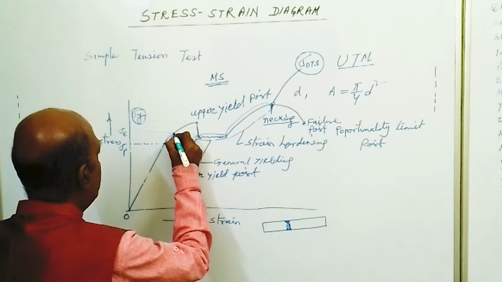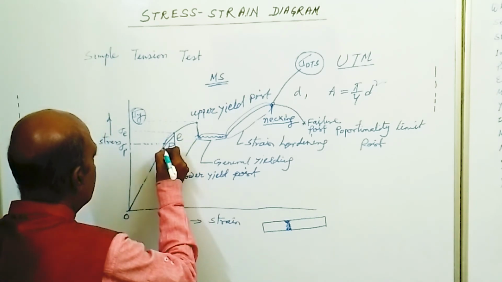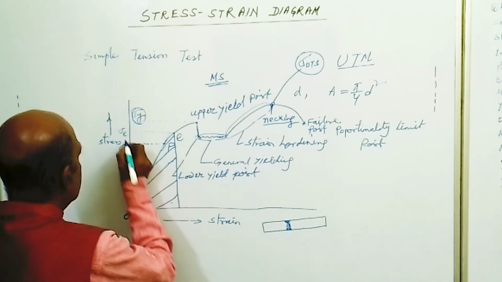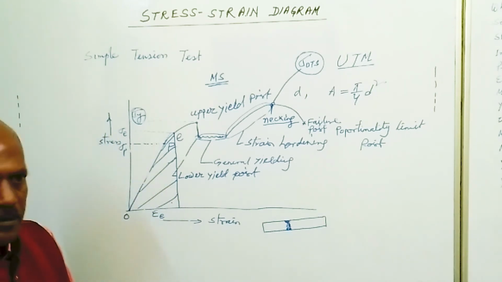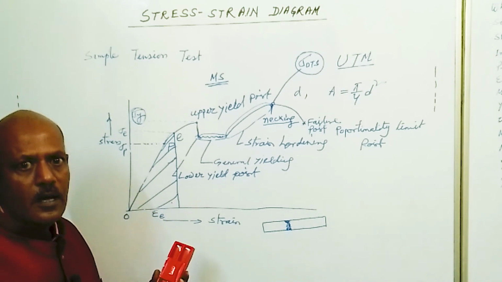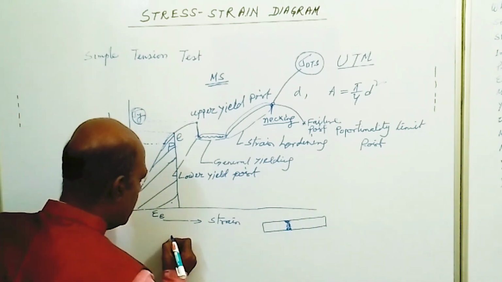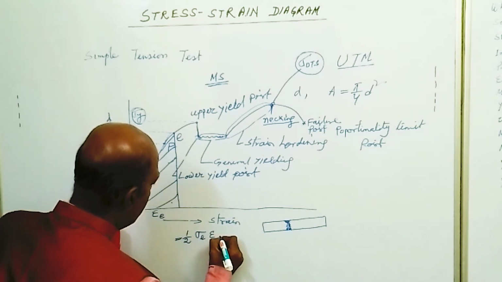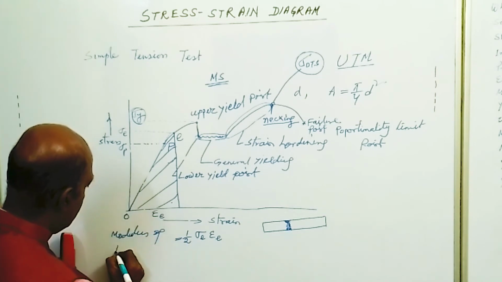Say this is point E. If we load up to point E, the energy absorbed by the body is given by the area under the stress strain diagram up to point E. So the stress applied is sigma E, and let this be epsilon E. This triangular portion area, the energy absorbed by the body up to the elastic limit per unit volume, is called modulus of resilience, and it is given by half into sigma E into epsilon E. That is the modulus of resilience.